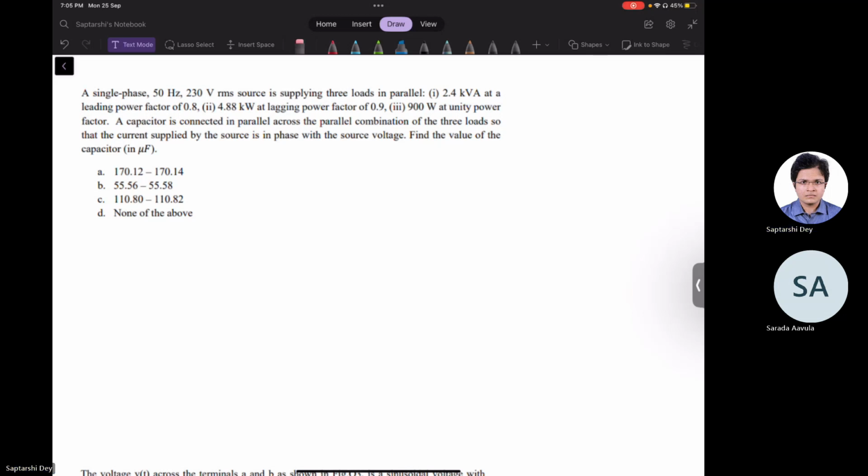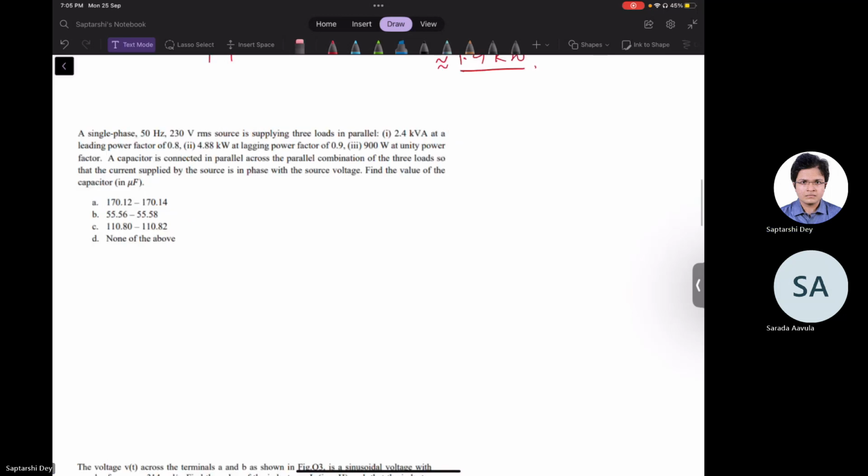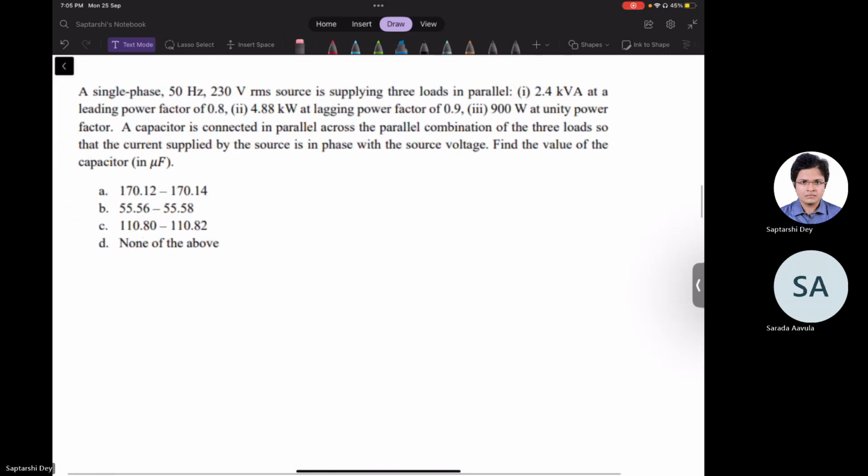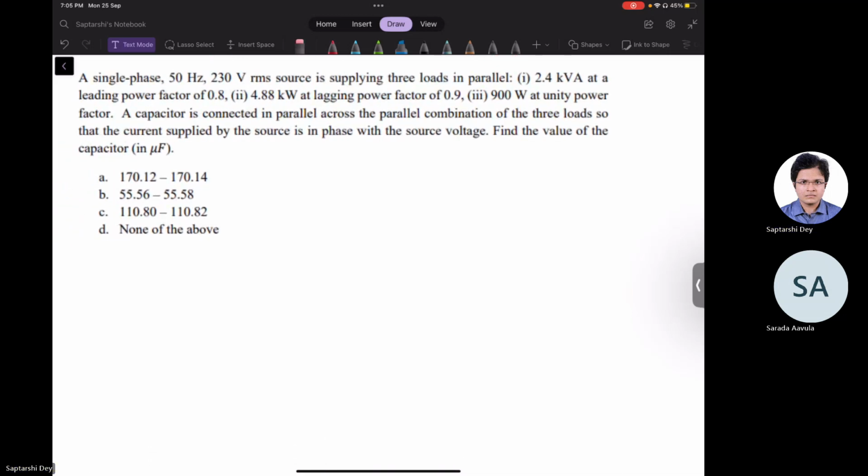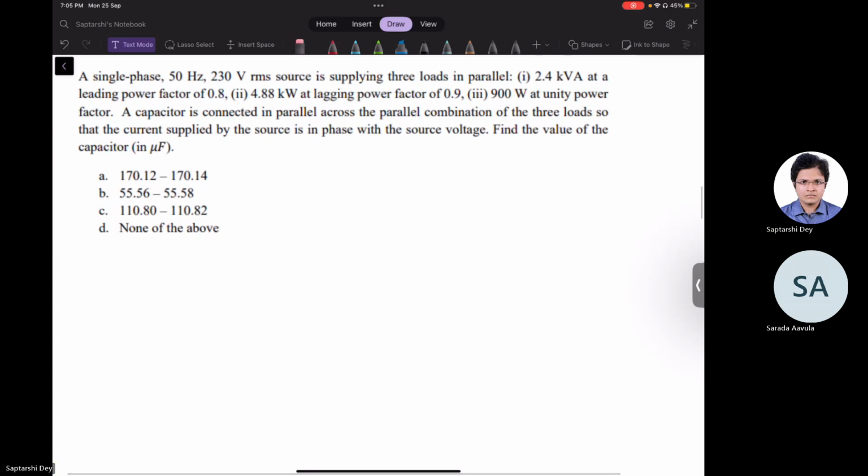So there is one source which is supplying three loads, okay, in parallel. So three loads are there in parallel like this.